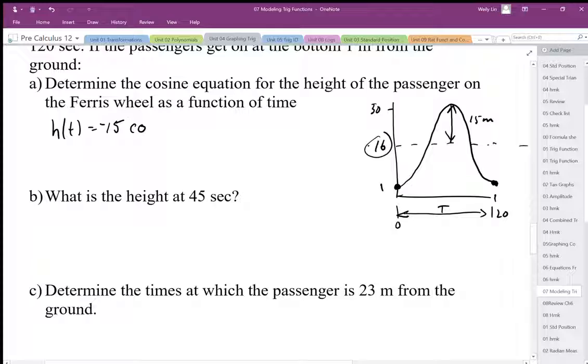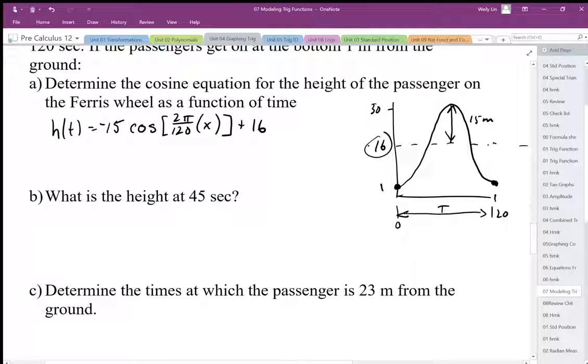I'm going to use a negative cosine graph. The period is 120, so I'm going to write it as 2 pi over 120. The horizontal shift is 0, so I'm going to start it at 0. And then my vertical shift is going to be my middle, 16.